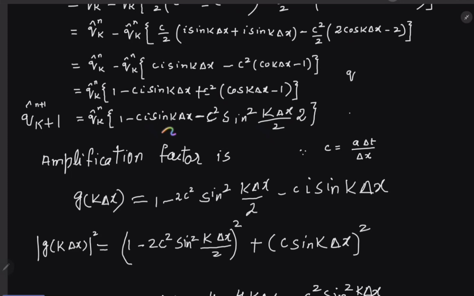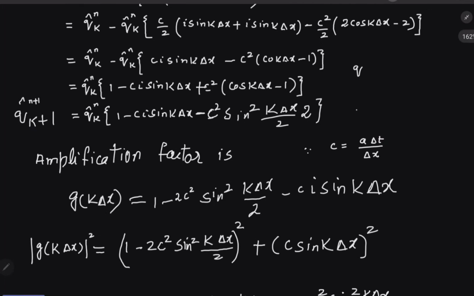This amplification factor determines whether the new value will increase or decrease. So this is called the amplification factor. We have q hat n plus 1 at k equal to G(k delta x) times q hat n at k.